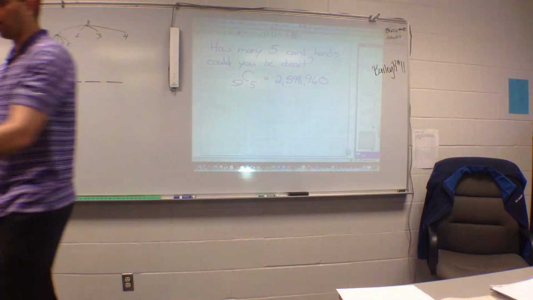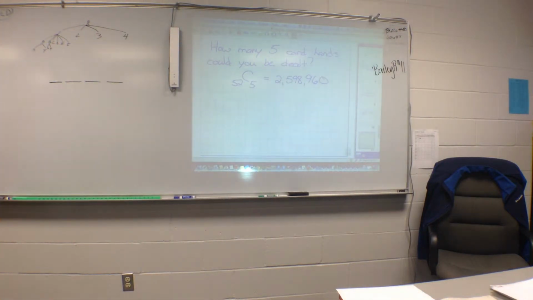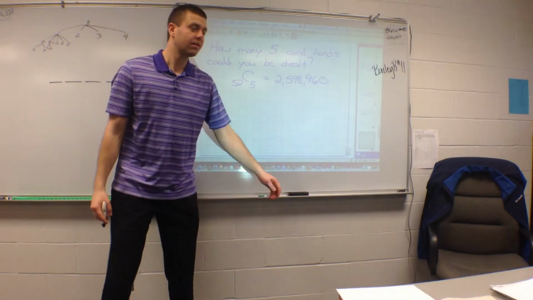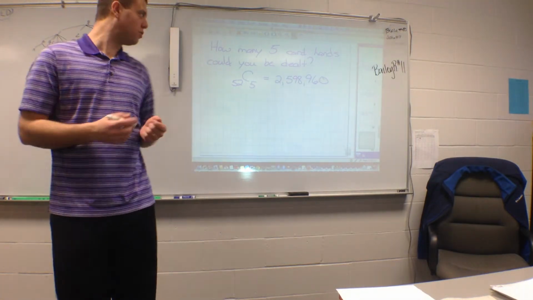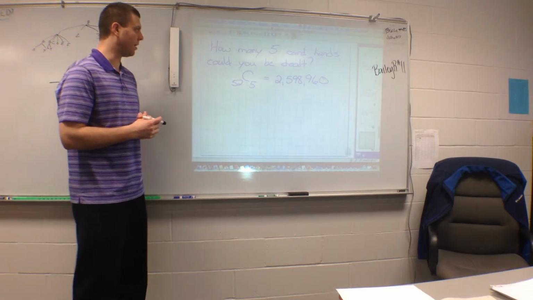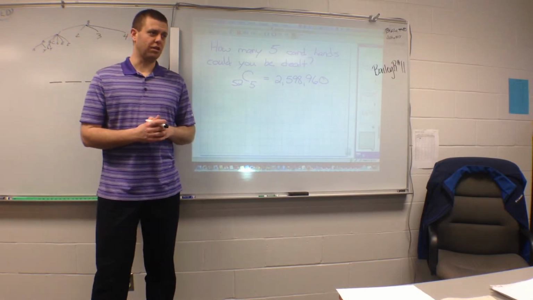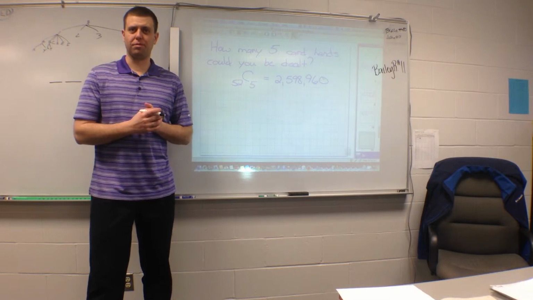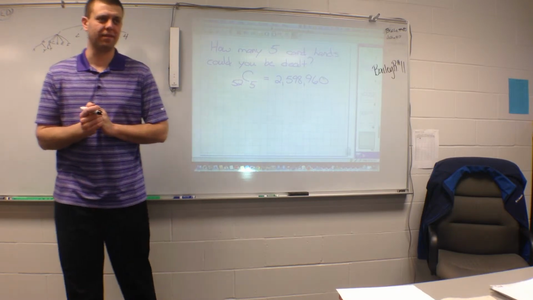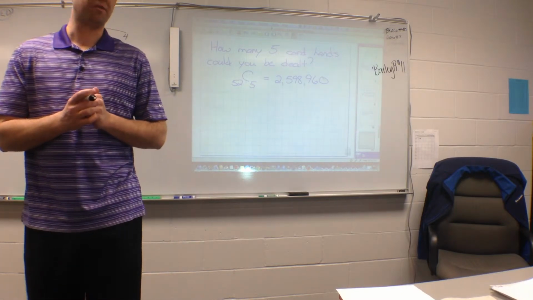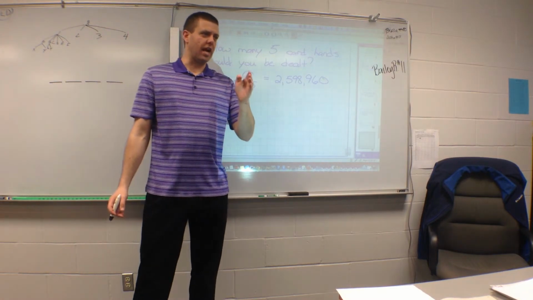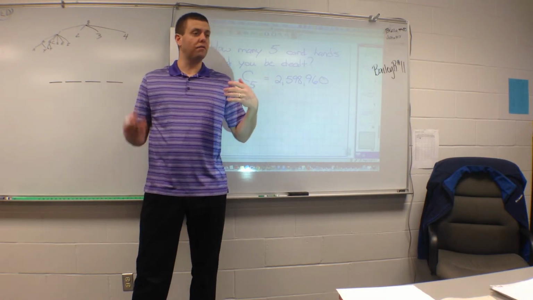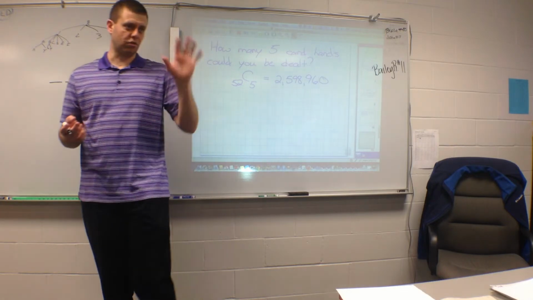There are over 2.5 million different 5-card hands that you could be dealt. So the chances of you getting a royal flush are between slim and none. If anybody knows what that is, that's when you get ace, king, queen, jack, 10 of a suit. So you get 5 in a row.